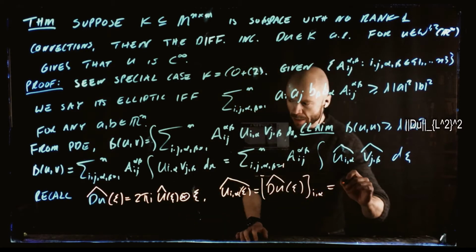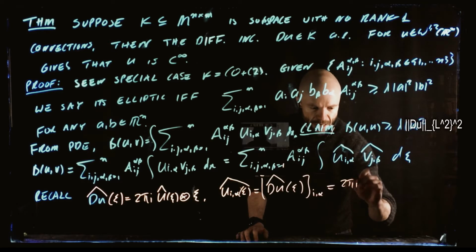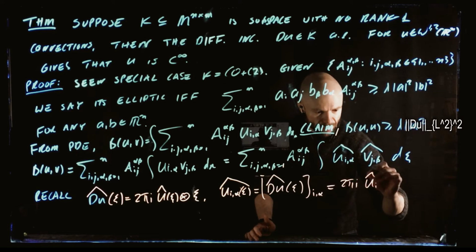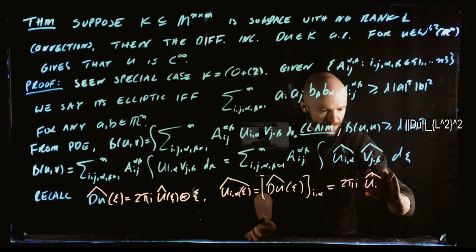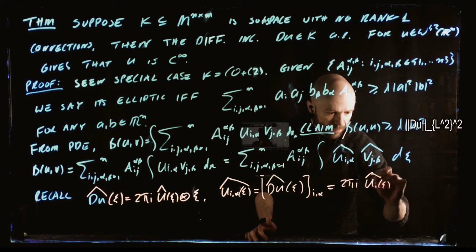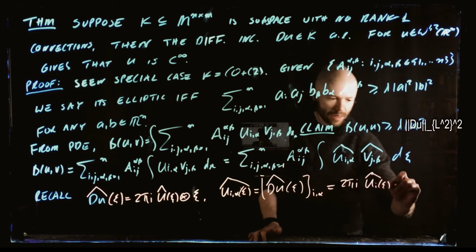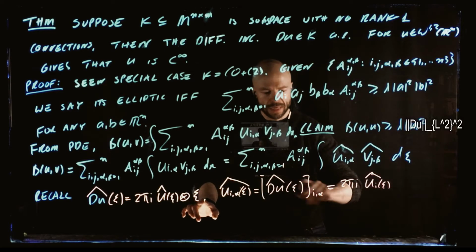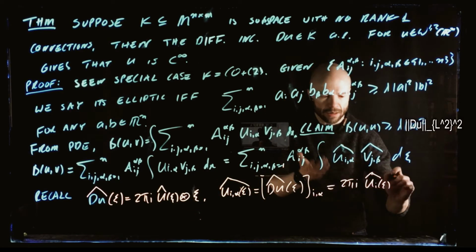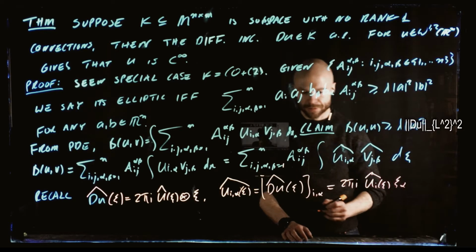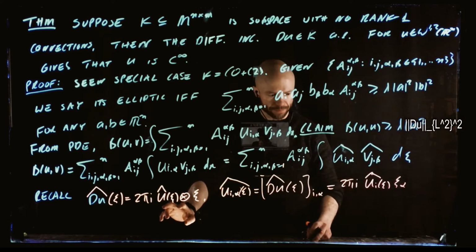So that's going to be the same as 2πi, and then the ith row of this guy, which is just the Fourier transform of the ith coordinate, evaluated at ψ, like this, and times the αth coordinate of ψ, just directly from this thing.